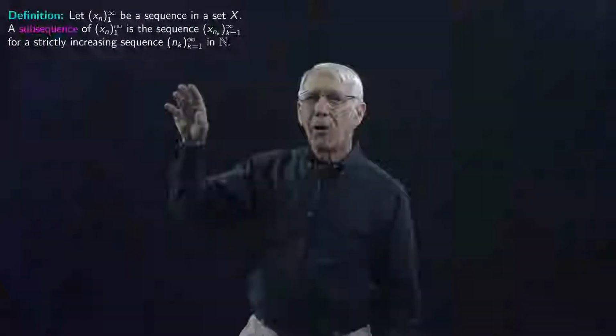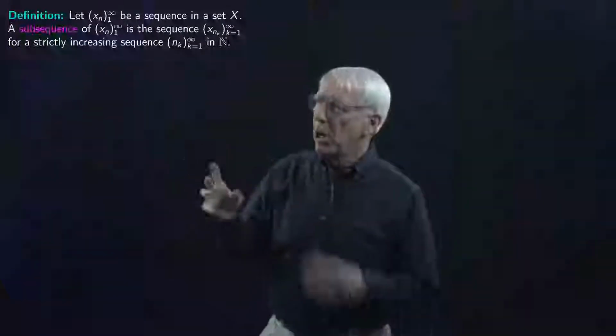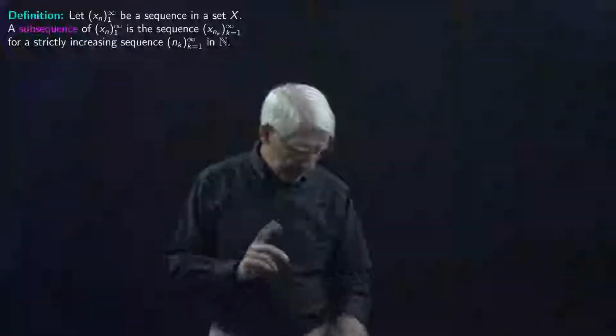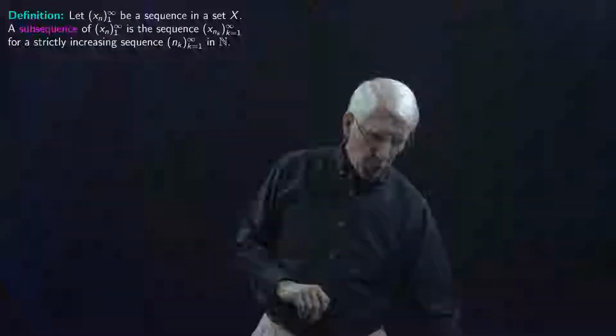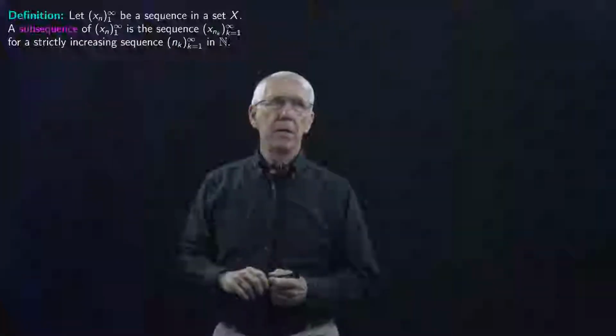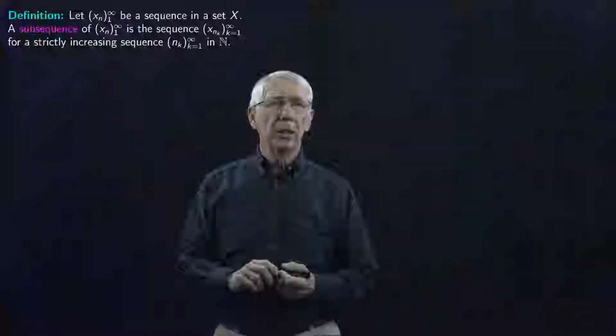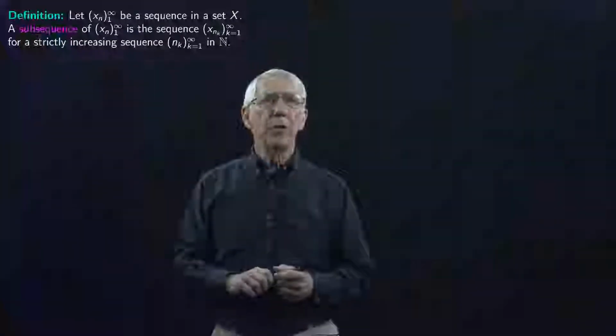Well, that's a little hard to parse out and see exactly what's going on in that definition. So I think the best way to see it is to do several examples and see how the examples fit this definition.